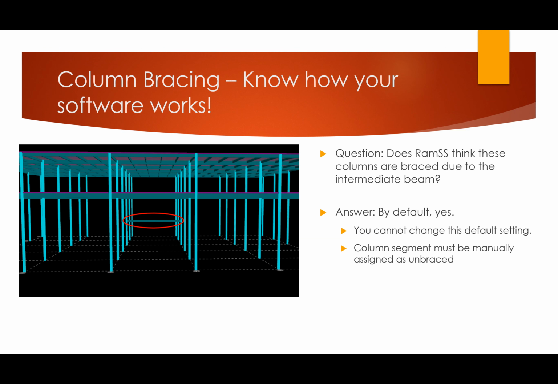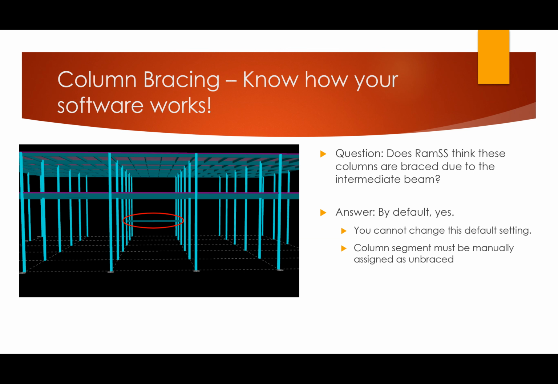The answer is yes. By default, RAMSS is going to pin or laterally brace, I should say, every column that has a beam framing into it, regardless if that beam is actually connected to some kind of lateral support that restrains it.